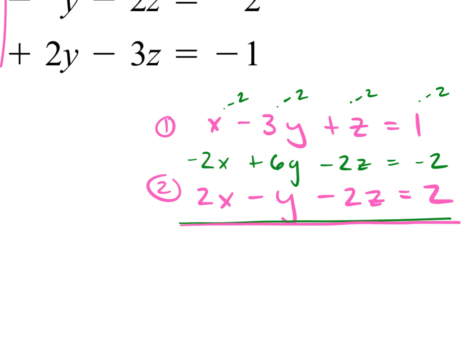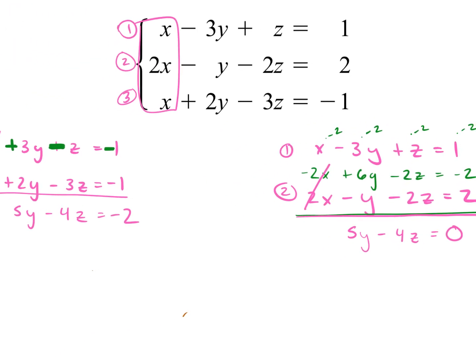Let's combine these together now. X's will now cancel. We have 5y minus 4z is equal to 0. What do we do next? Combine these 2 equations now.